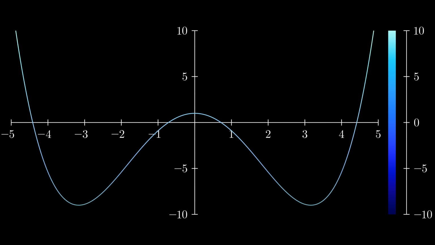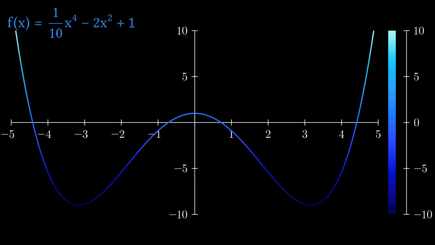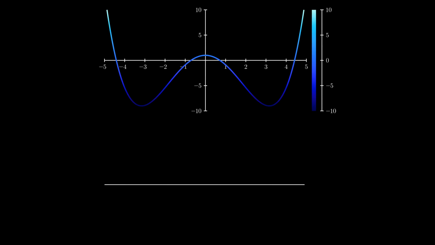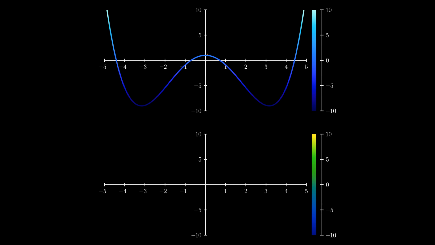Since we can apply this differentiation operator to almost any function there is, let's try it with something more complicated. Here we have the function f of x equals 1/10 x to the fourth minus 2x squared plus 1. What is the slope of this function? Well, the answer is not so easy here, as the slope is not a constant value, but rather keeps changing. However, let's not be discouraged just yet.